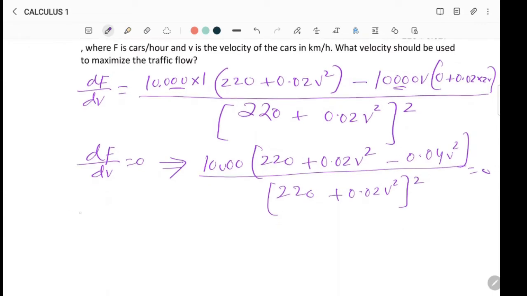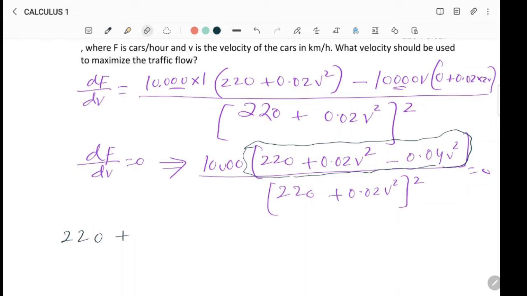Okay, so finally this is constant, so this part should be 0. So 220 plus 0.02 v square minus 0.04 v square.